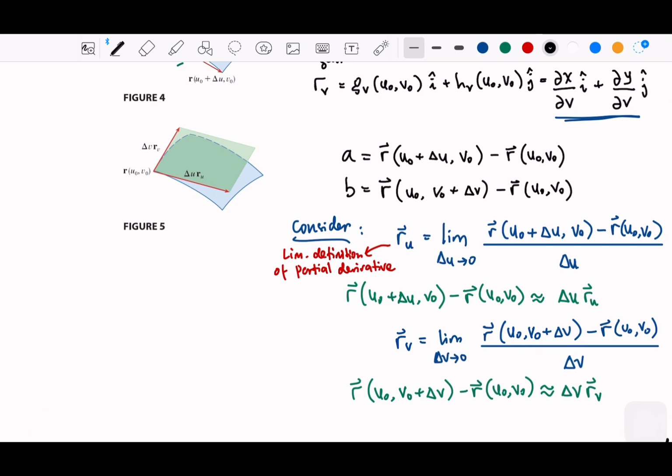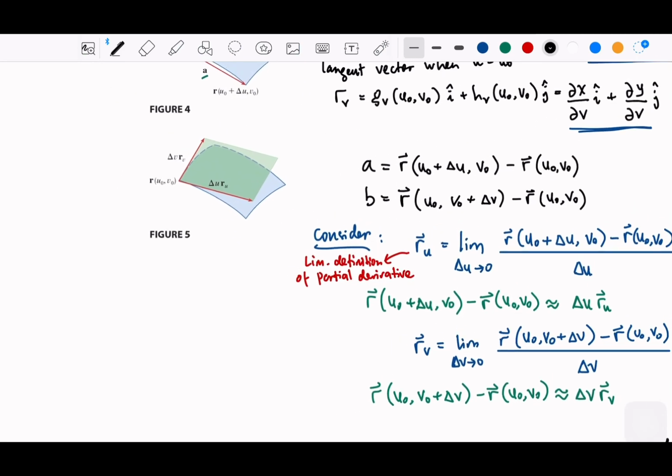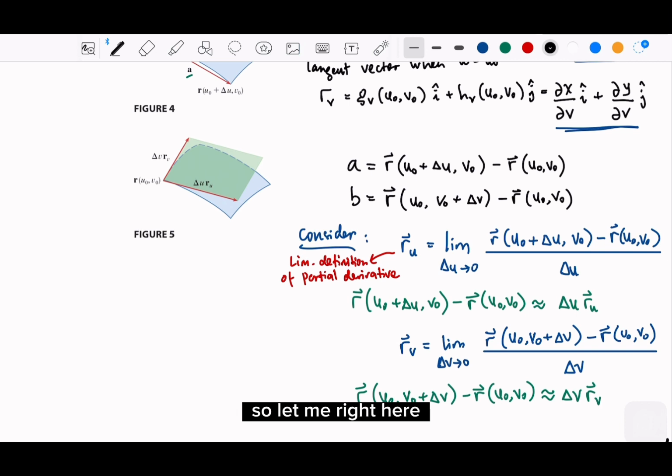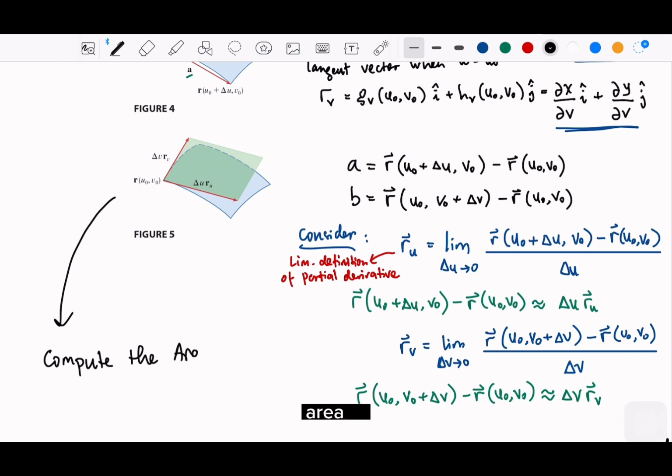Let me just write in another page. Let me write here: compute the area of the parallelogram.